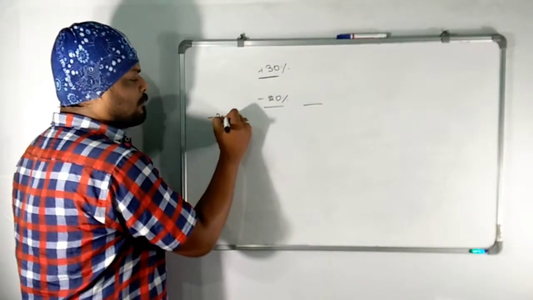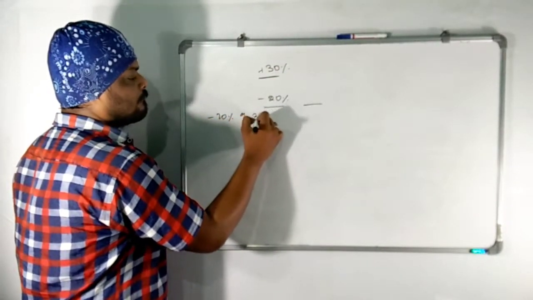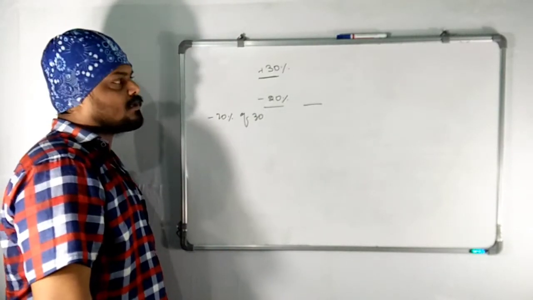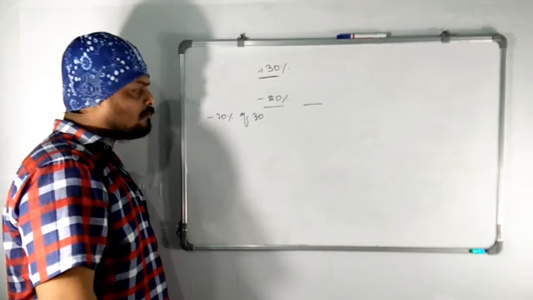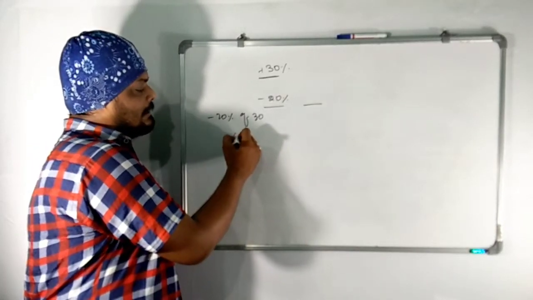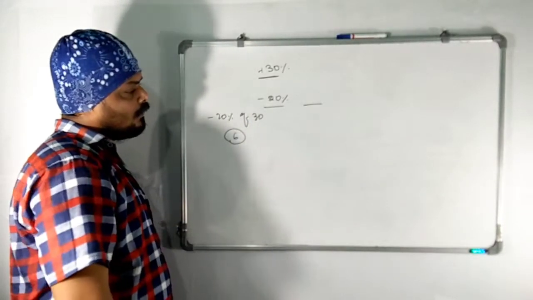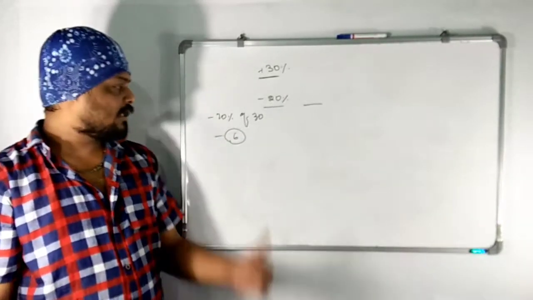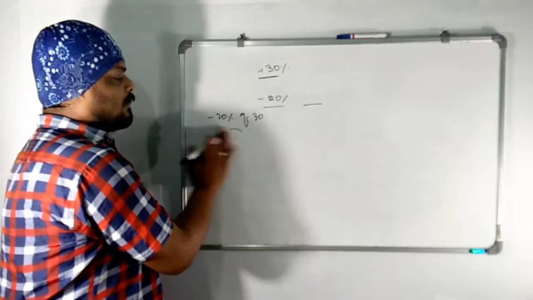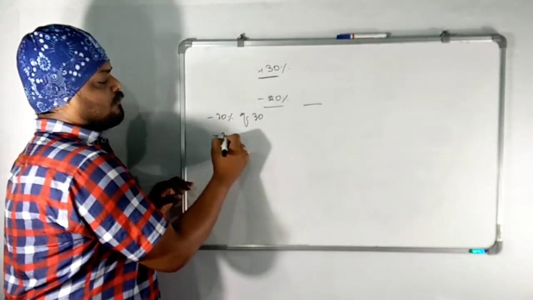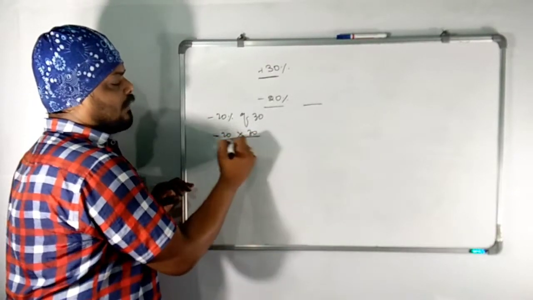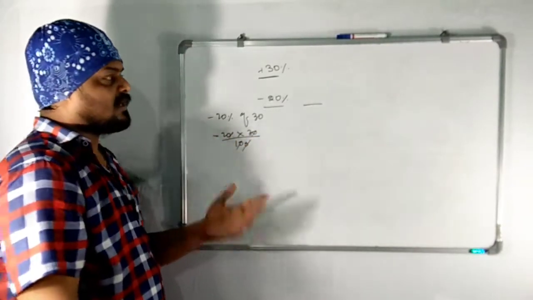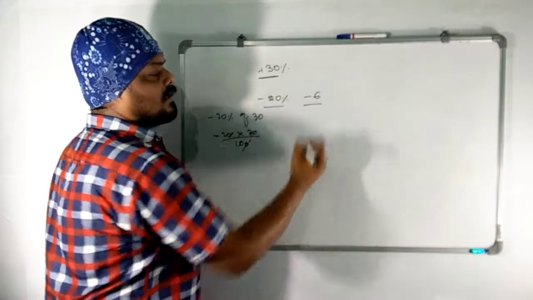So minus 20% of 30 is what? Minus 20% of 30 is nothing but 6. Which 6? Minus 6. Let us see, minus 20 into 30 upon 100. The zeros get cancelled, and minus 2 into 3 is minus 6. So here we get minus 6.